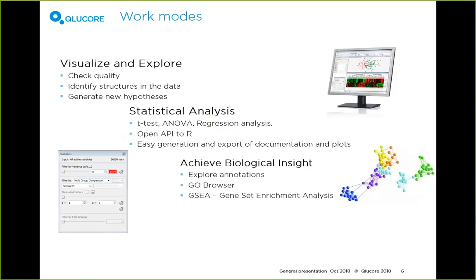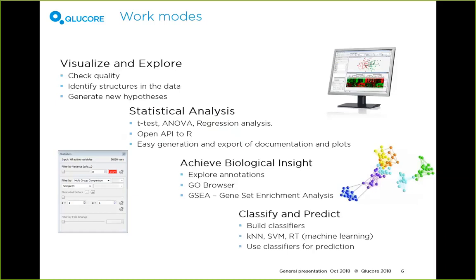There's even more genetically specific data analysis. For example, the GSEA platform, which allows you to do gene set enrichment analysis, a method which is really useful for gaining more biological insight into your data.